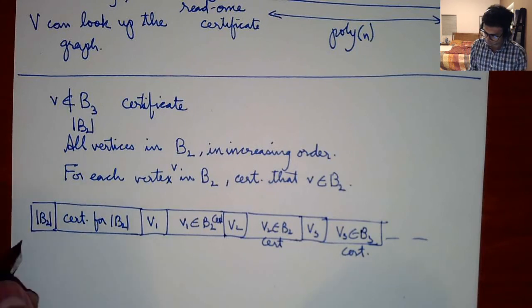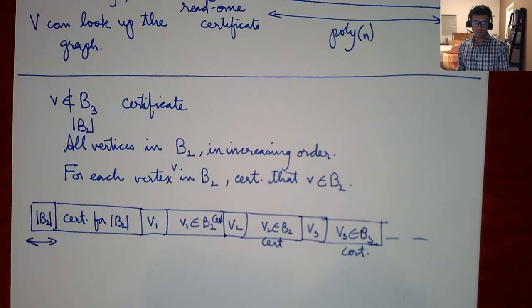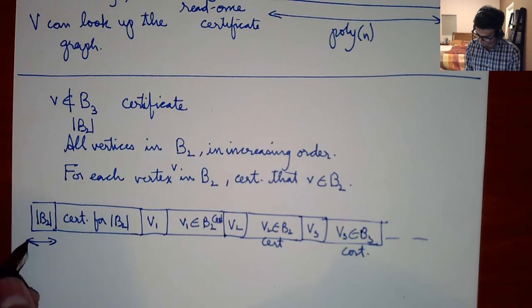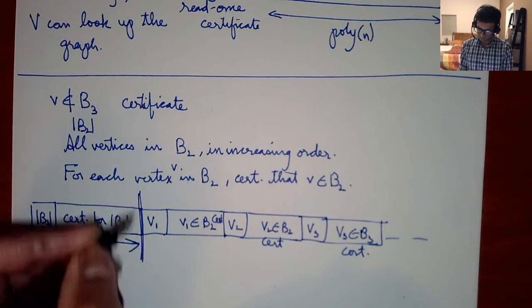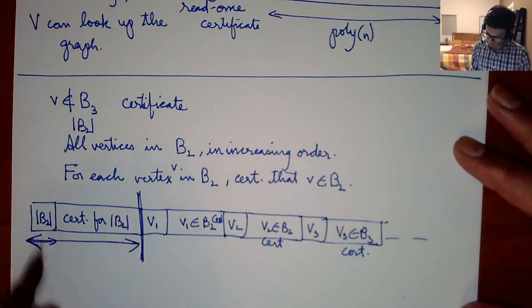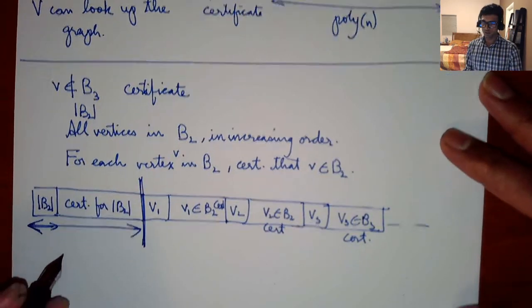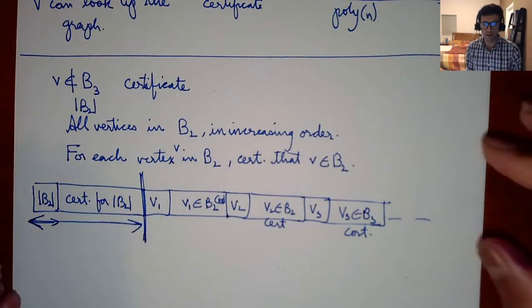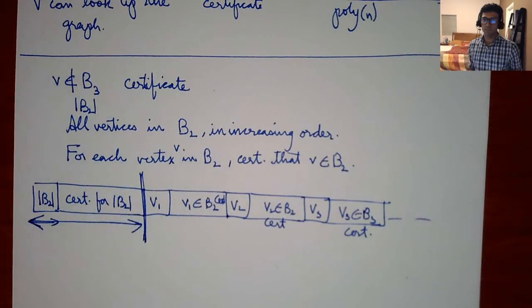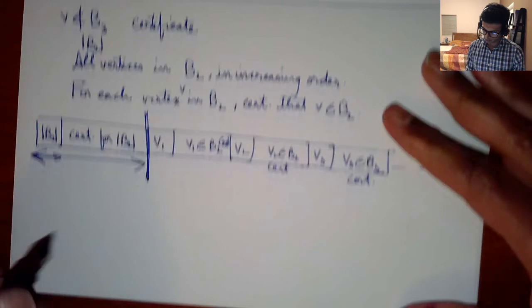Now note that this certificate doesn't have to be repeated n times. Sorry, ignore that. Let's go back to this. V is not in B3. This is the certificate. So how does the verifier work?